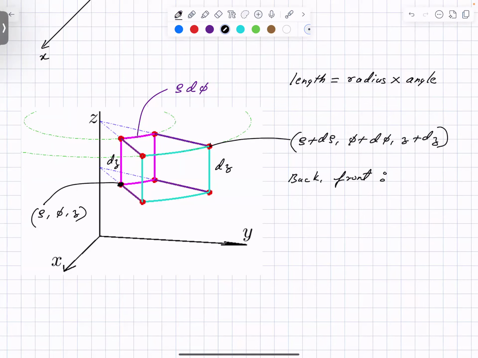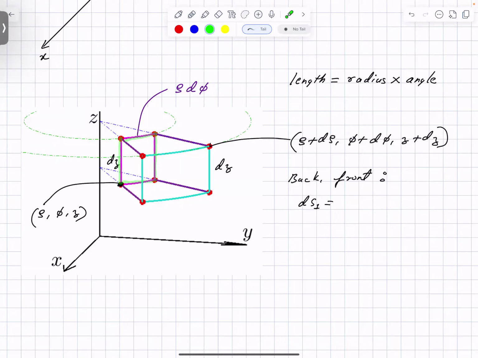Now, what is the area of the back surface, this pink one?